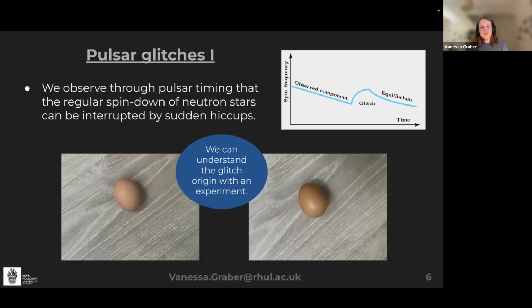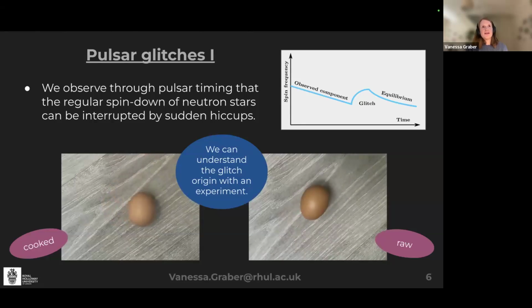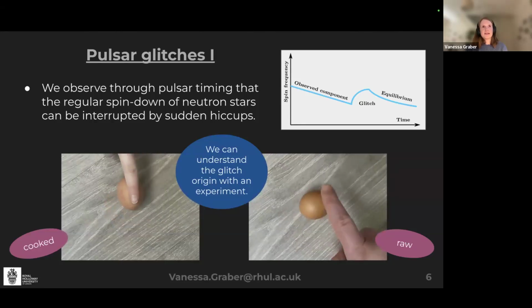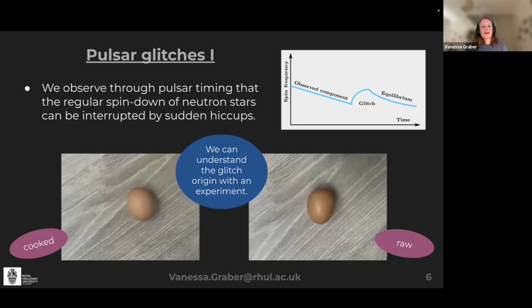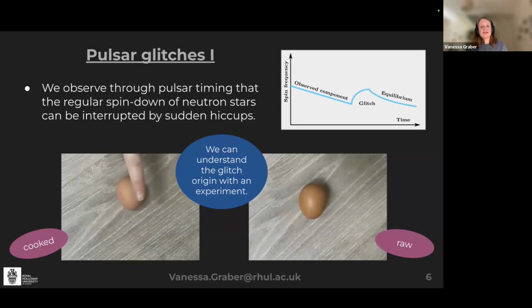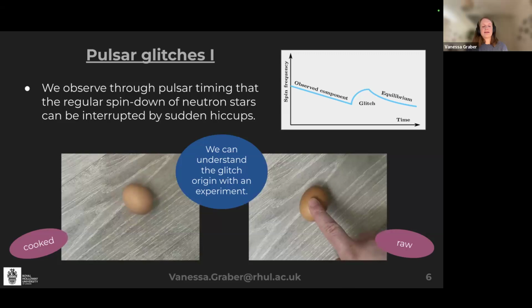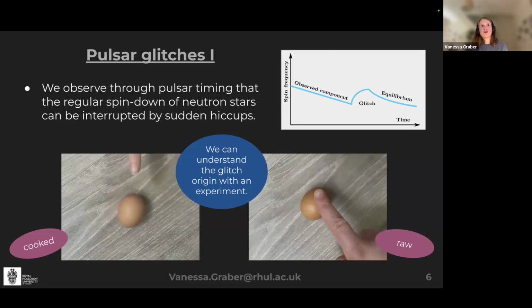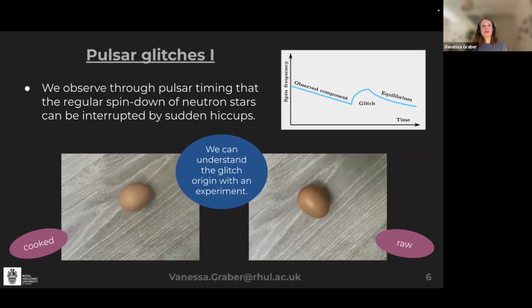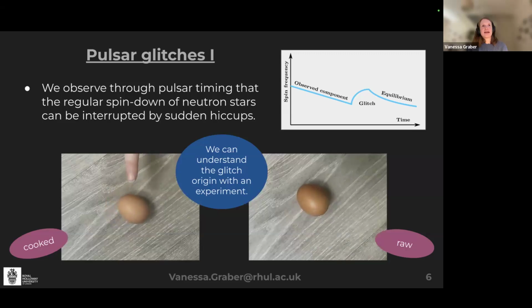And there's a key difference between these 2 eggs, which is the fact that the one on the left-hand side is cooked. So all the internal components are basically connected to each other. And if I stop the shell, I stop the entire egg. While on the right-hand side, if I stop the shell, the internal components, the egg white and the egg yolk, continue to rotate. And once I remove my fingers, they can transfer angular momentum again to the crust and the eggshell. And I see the egg rotate again.